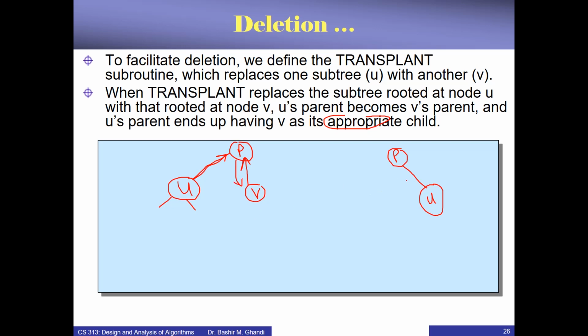Similarly, if U was a right child, in addition to making V have the parent of U as its parent, the parent will also have V as a right child. So it can be a right child or a left child, depending on how U is related to its parent. This is what the transplant procedure is doing, and that's what we're going to see next.